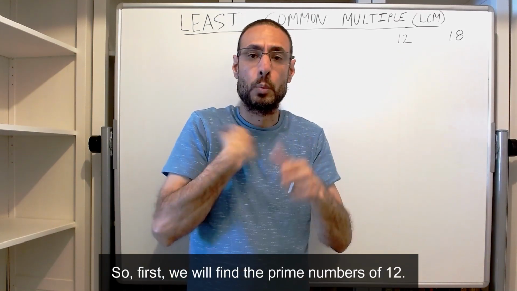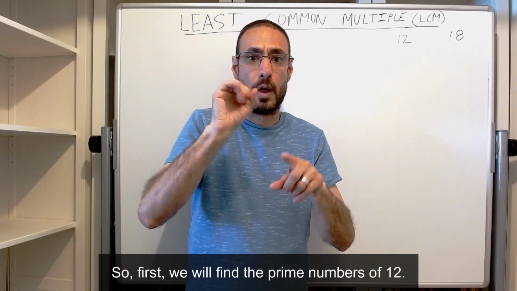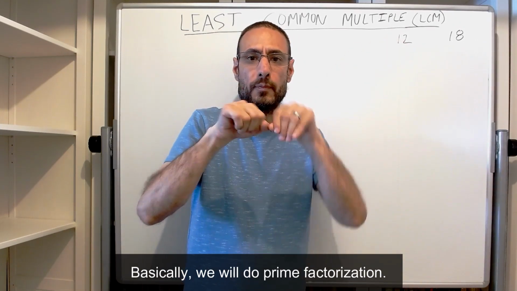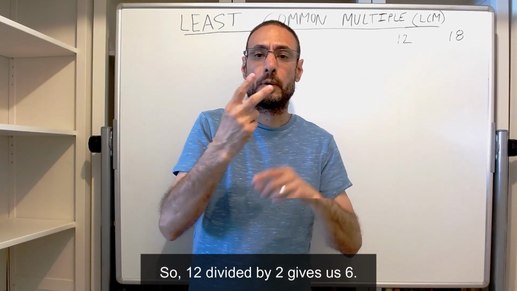First, we will find the prime numbers of 12. Basically, we will do prime factorization. 12 divided by 2 gives us 6.